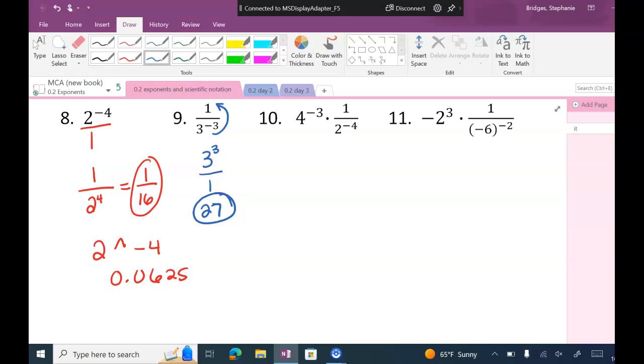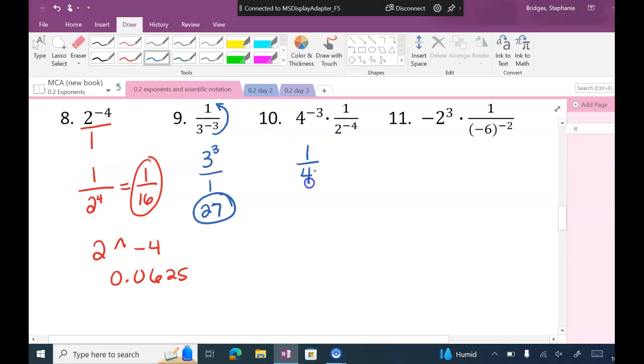Everybody okay with that so far? All right, we're going to take a look at number 10. I have 4 to the negative 3rd power times 1 over 2 to the negative 4. What I would recommend is let's rewrite each part of this question without our negative exponents. So let's start with the 4 to the negative 3. Where does that go to make that 3 positive? The bottom.